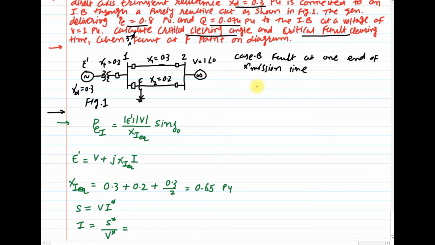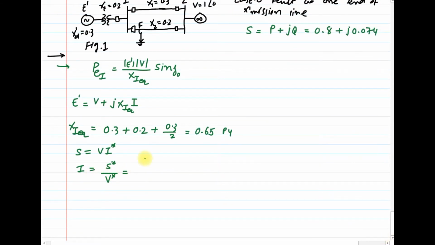That means, if you wish, you can write S is equal to P plus jQ, which is equal to 0.8, the active power delivered by the machine, plus j0.074, which is the reactive power delivered by the machine to the infinite bus. Yes, so just substitute the value of S in this equation of I. We will get 0.8, not plus here, as it is conjugate we need to consider the minus sign.